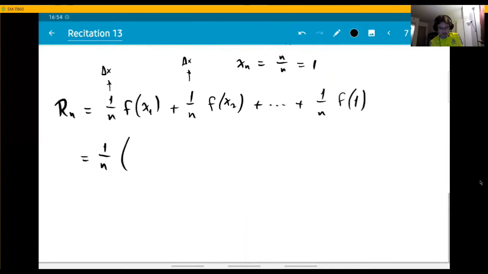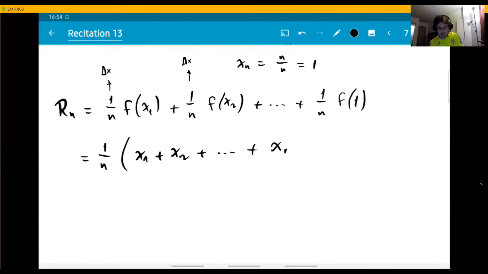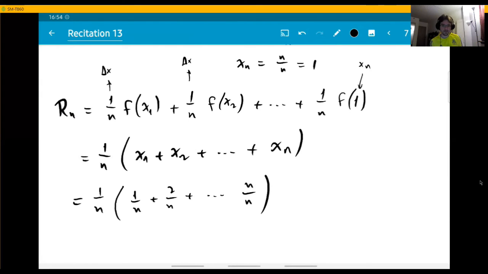So f of x1 is just x1. F of x2 is just x2. And technically, that 1 here was the same thing as xn. This is the Riemann sum that we have, and we also know what these points are. x1 is 1 over n, x2 is 2 over n, xn is n over n. This is the Riemann sum.